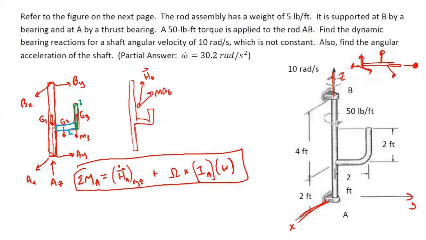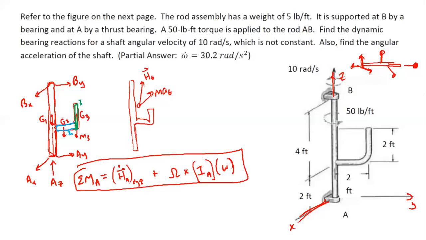Is this X, Y, Z principal axes? No, it's not going to be principal axes. And then Alex asks, is that synonymous to where your frame is? Yeah, so you'd want to put your XYZ frame at A. Now I could also have decided to sum moments about B, right?